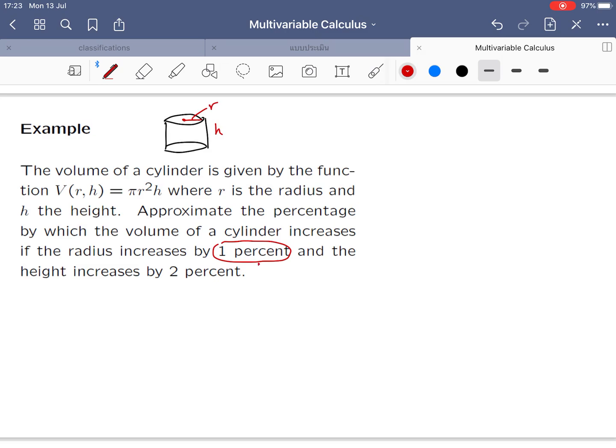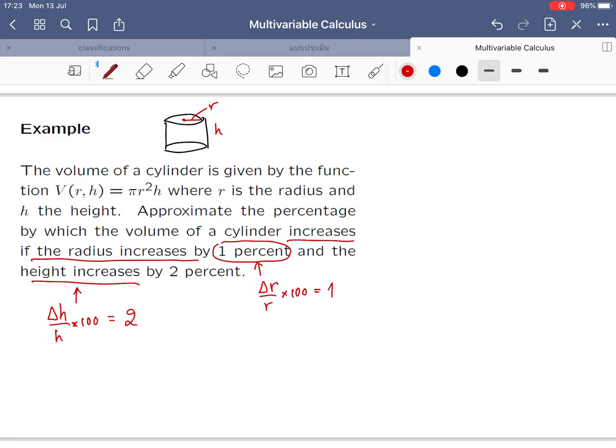So this is the increment in terms of your radius r. What does it mean to increase by 1%? It means that delta r over r, multiplied by 100%, is 1. And the height increased by 2%, so it means that delta h over h multiplied by 100% is 2.